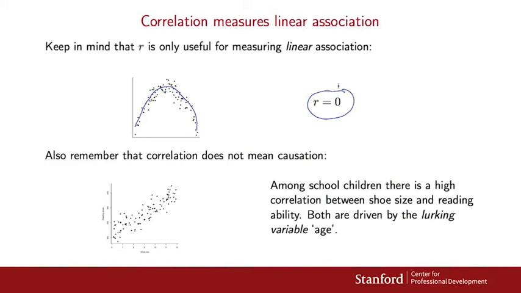But we would agree that shoe size has no causal effect on reading ability whatsoever. Rather, what's going on here is that there's a third variable, namely the age of the school children, which determines both the shoe size and the reading ability. So correlation does not mean causation, and we've talked about that before.